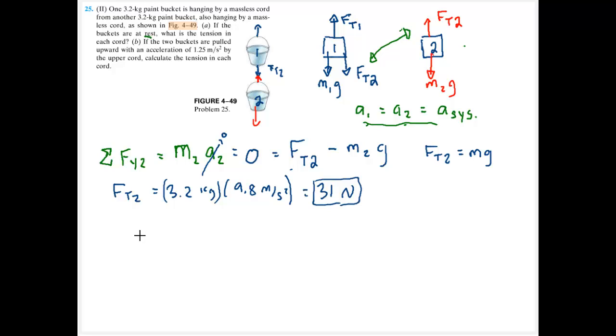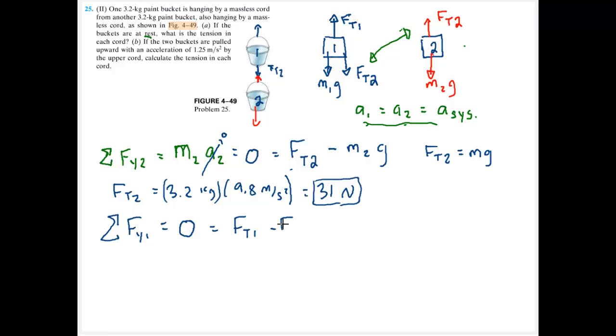Now for bucket number 1, if I write the same thing, the sum of the forces in the y direction on bucket number 1, it also is not accelerating. Mass times acceleration must be equal to 0. I'm going to have force of tension number 1 in the upwards direction.